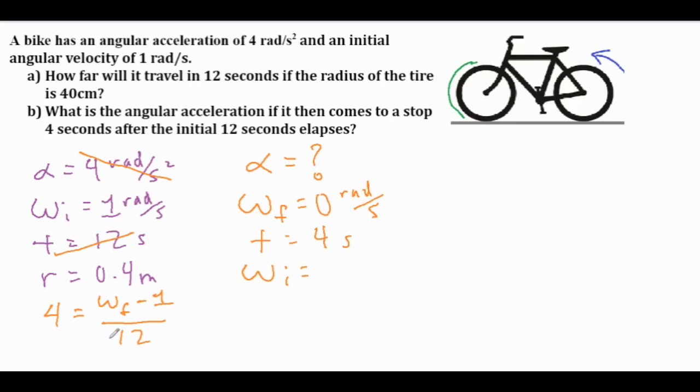So if I just multiply both sides by 12, I got 48 plus that 1 is going to be 49. So I have 49 as my starting angular velocity for the second chunk of time. So it's going to go from 49 to 0. Now we can just implement this same formula right over here and use our new values and see what we get for our new alpha.